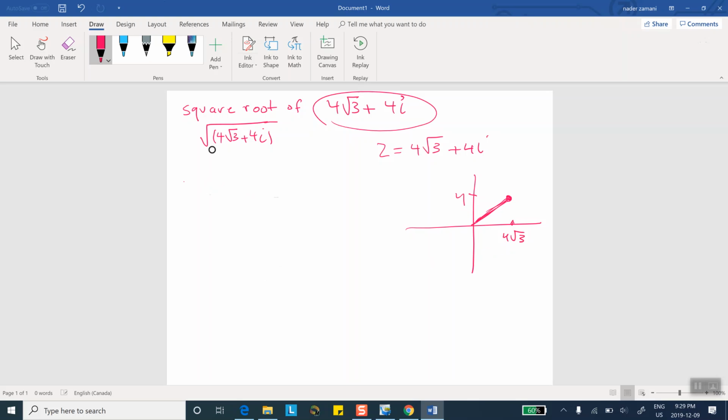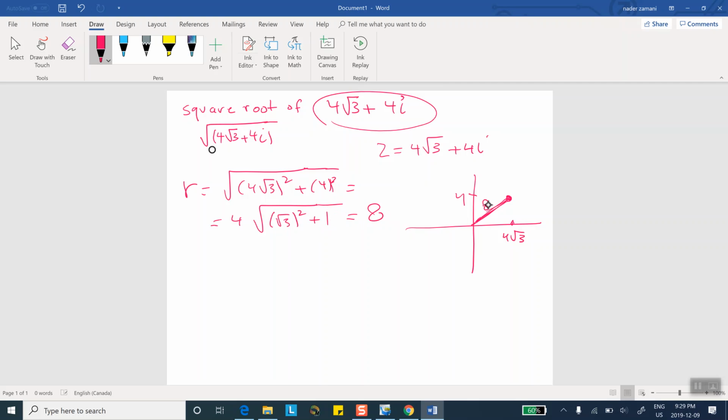This distance is the square root of (4 root 3) squared plus 4 squared. The 4 comes out, root 3 squared plus 1, so that is going to be 2. So this is going to be 8.